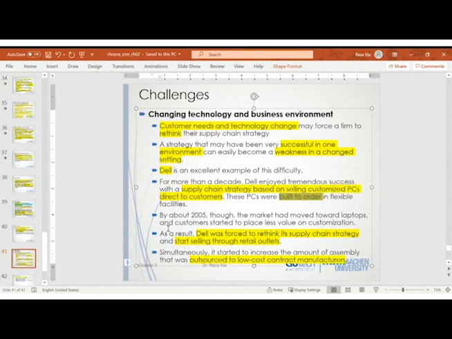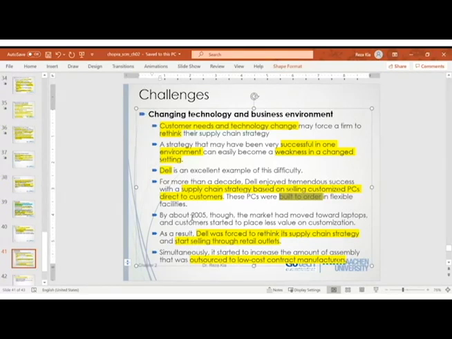But after 2005, with the shift of customer demand from computers to laptops, Dell was forced to redesign the supply chain and integrate some retail stores into it.